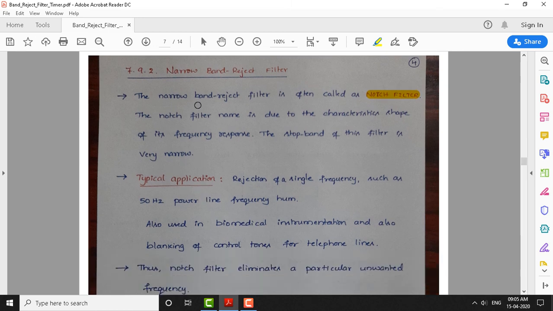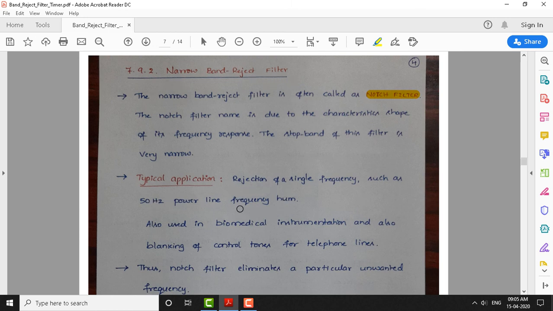We can use this narrow band reject filter especially to reject a single frequency, such as in power lines, where we need to reject some frequencies, especially when there is noise which interrupts the power lines. Under such circumstances, we can use the narrow band reject filter.